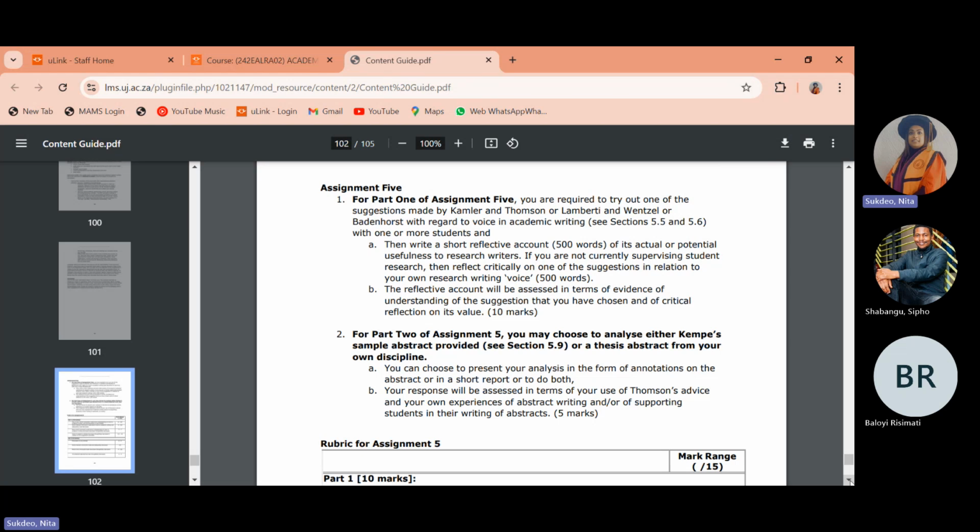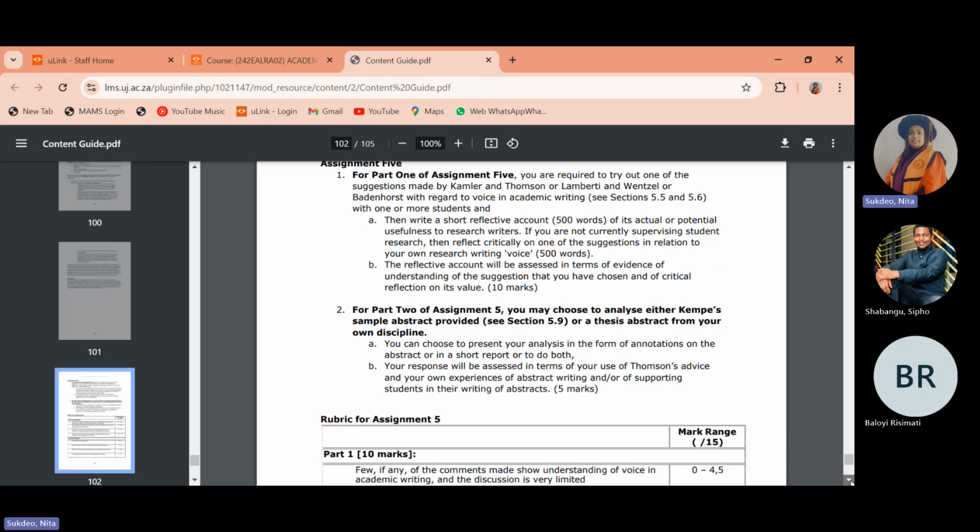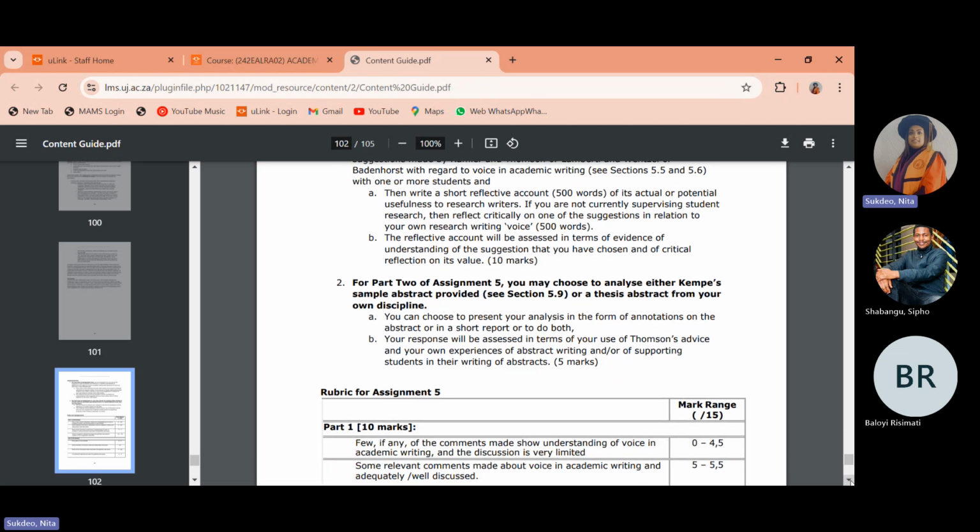The second part of it is you may choose either Kemper's example abstract that was provided, or a thesis abstract from your own discipline. A, you can choose to present your analysis in the form of annotations on the abstract or in a short report, or to do both. Your response will be assessed in terms of your use of Thompson's advice or your own experience of how they wrote that abstract.